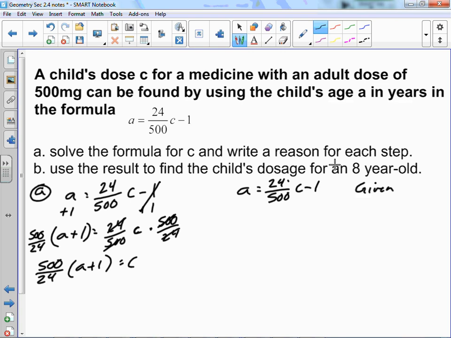Then we added 1 to both sides, ended up with A plus 1 equal to 24 over 500 of C. And we were adding to both sides, so that was the addition property of equality.